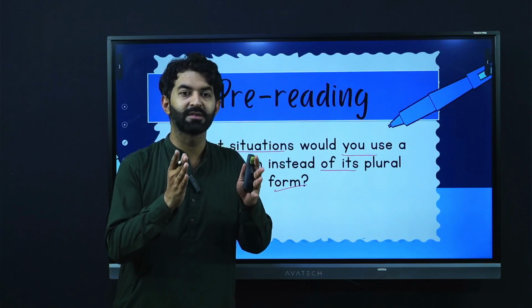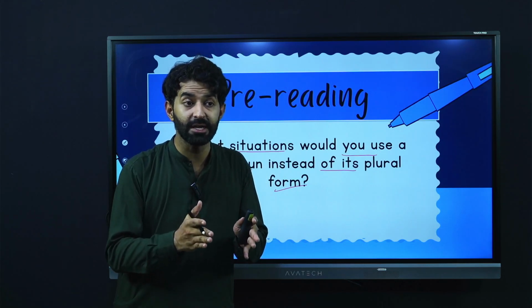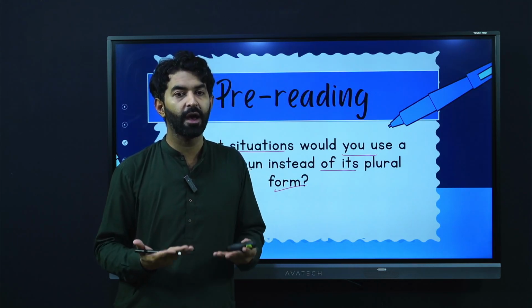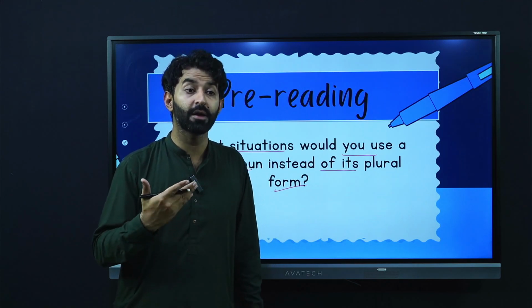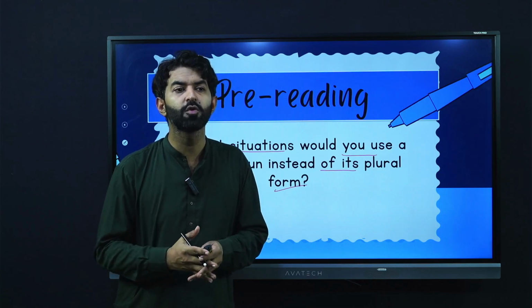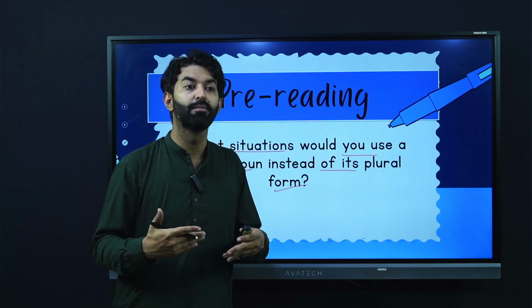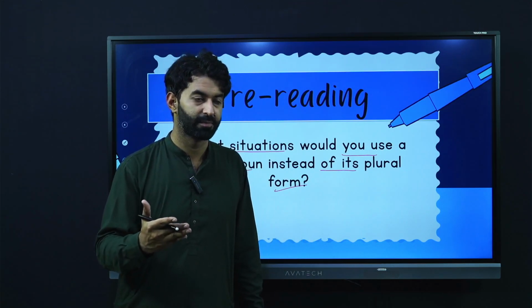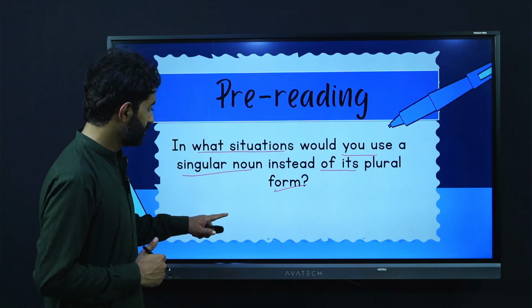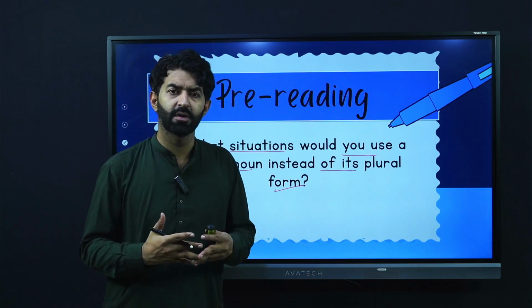If something is a single entity, we will use a singular noun. If something is more than one or in abundance, we will use a plural noun, like believers. Believers are so many. It is more than one. Okay? So you can come up with so many different answers.